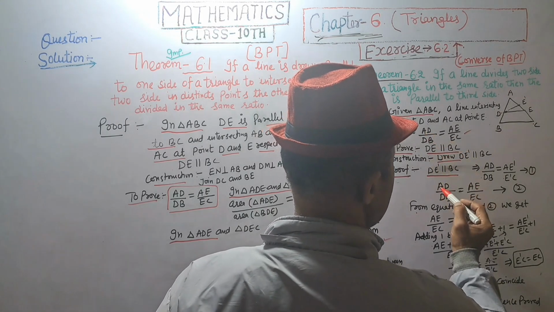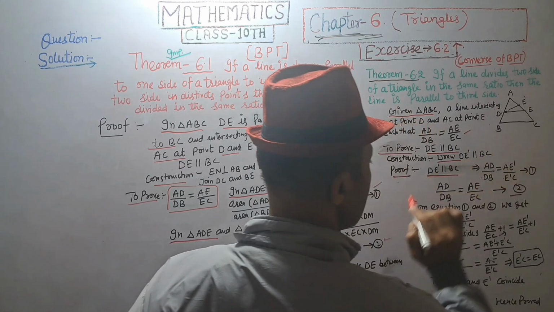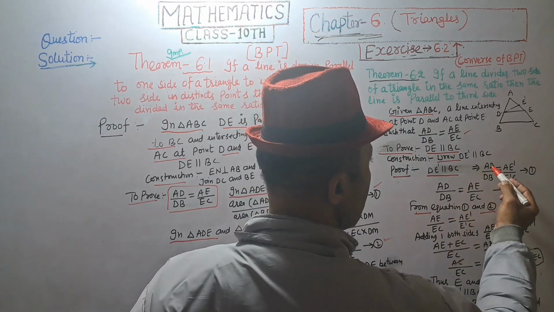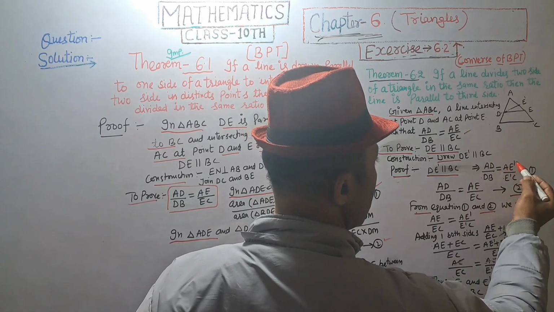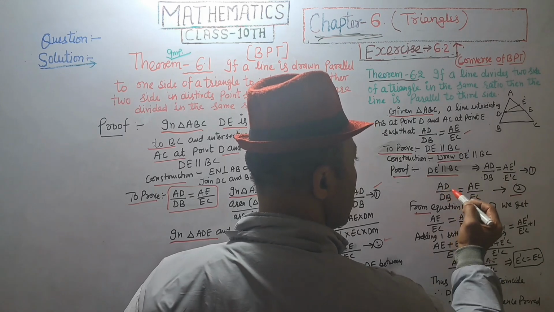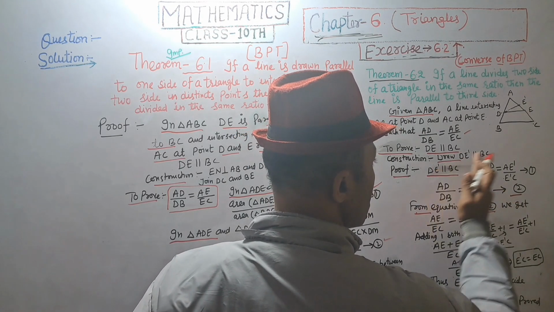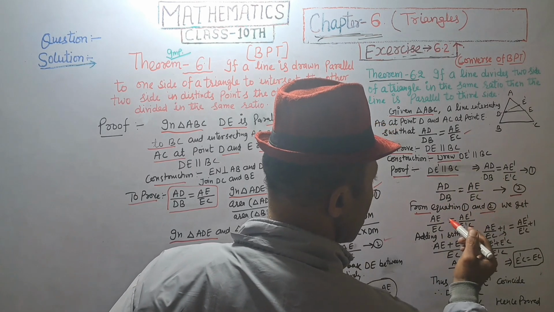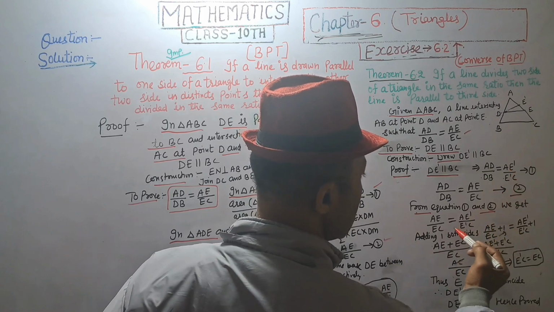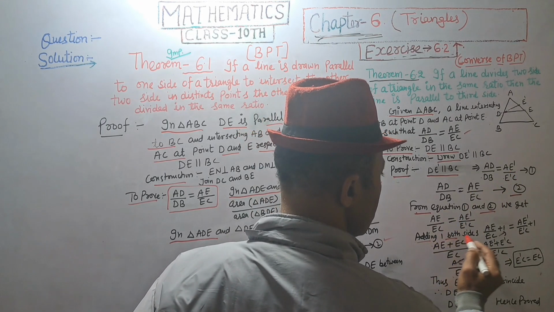And by BPT, AD upon DB is equal to AE upon EC. It's equation number second. From equation first and second, we get AD upon DB equal to AE dash upon E dash C, and AD upon DB is also equal to AE upon EC. So first equal to second, we get AE upon EC is equal to AE dash upon E dash C, and we are adding 1 both sides.